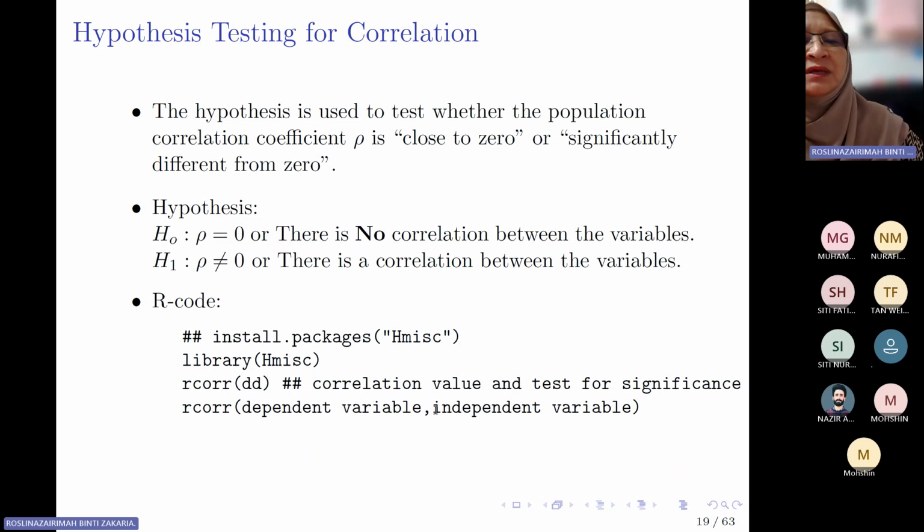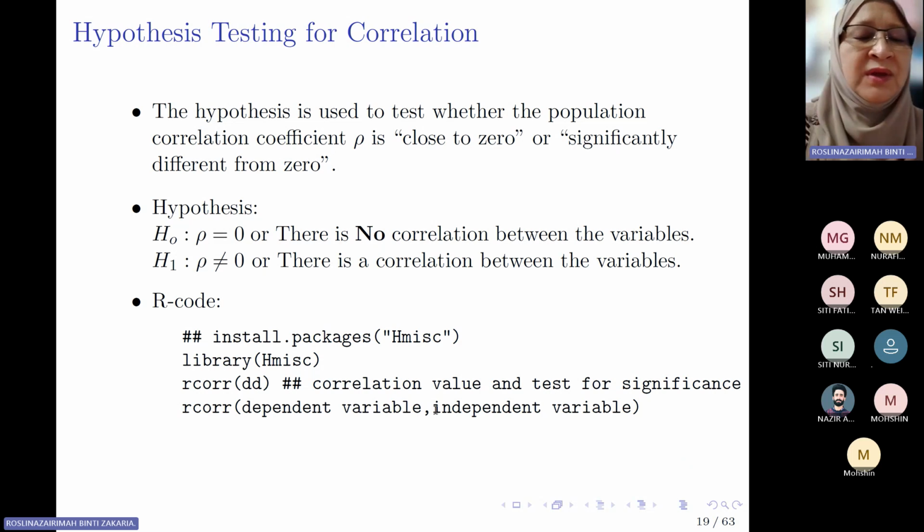The hypothesis will be rho equal to 0, meaning there is no correlation between the variables, and we are looking for rho not equal to 0, meaning there is a correlation between the variables. If the p-value is less than 0.05, then it becomes significant, and we reject the null hypothesis. Can you understand hypothesis testing?